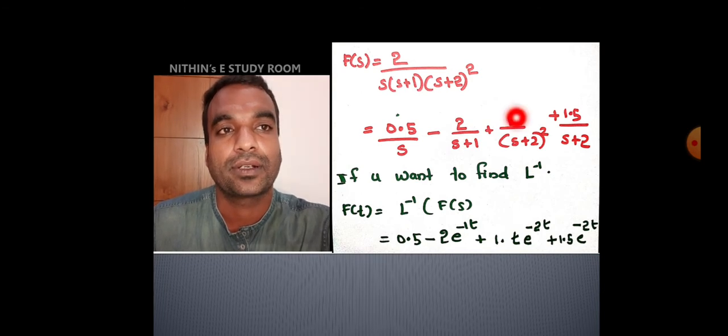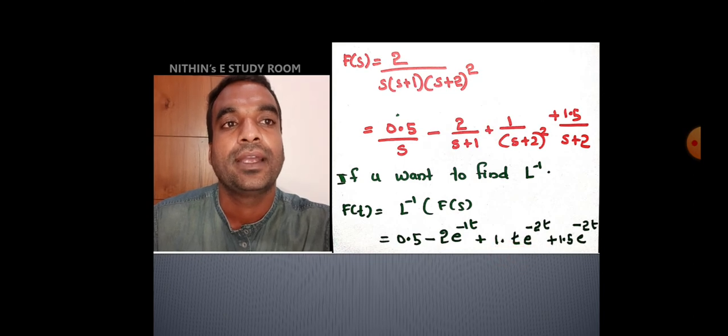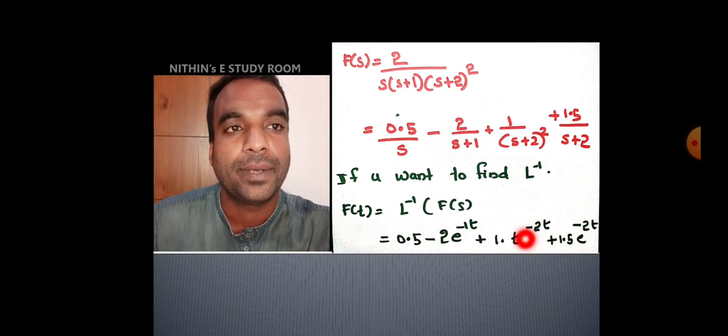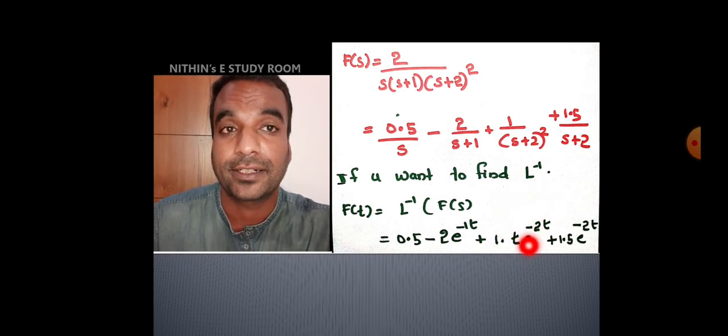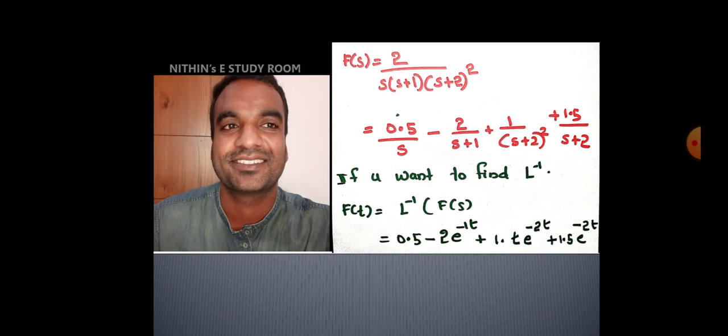If it is 1 by s square, its time domain expression is t. And as a shifting is there, 1 by s plus 2 square, we have to account that shifting by multiplying with e raised to minus 2t. Please check frequency shifting theorem. It is there in the previous class.